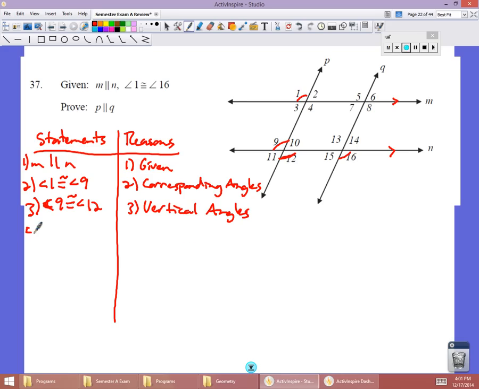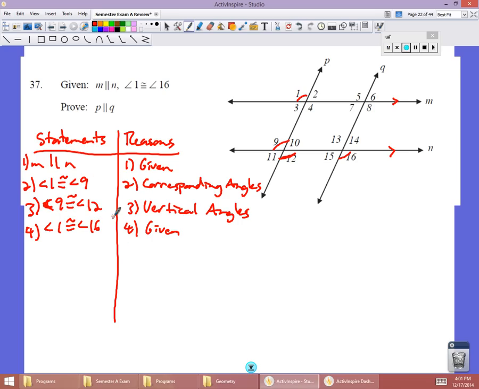Next, we're going to write our other piece of given information, which is that angle 1 is congruent to angle 16, and that's given. And as long as you have the stuff listed, the order isn't necessarily important. If you put angle 1 congruent to angle 16 as the second statement, that would be fine.